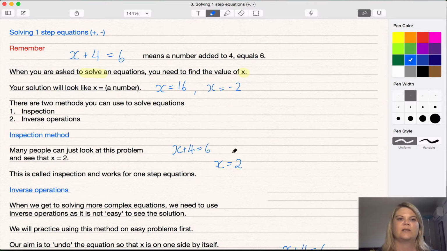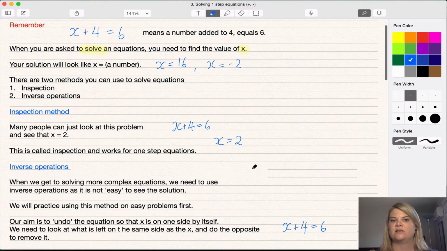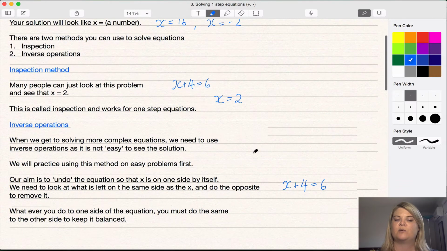When we get to solving more complex equations, we need to use this method because it's not so easy to see the solution. Another example would be if the solution isn't a whole number, if it's a fraction. It can be hard to deal with fractions in your head, and we don't know all our number facts for every possible fraction or decimal, so it's better to use inverse operations.